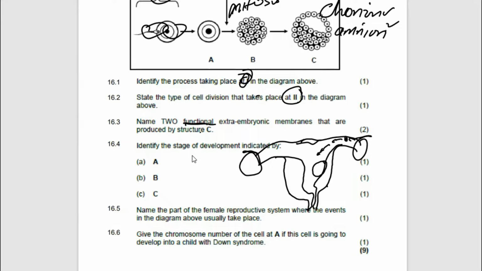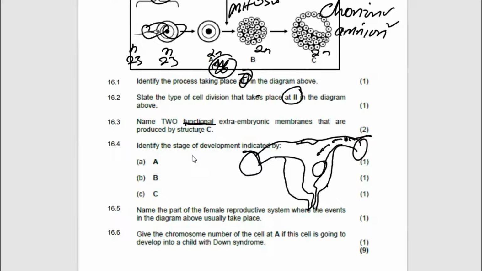Give the chromosome number of the cell at A. Remember, sperm is haploid, ovum is haploid, and then when they fuse they form 2N, which is diploid. The remaining ones are diploids until they produce a sperm again. They want the chromosome number, and they say that this is a human diagram. Therefore, if it is 23 here, 23 here, this is going to be 46 chromosomes.